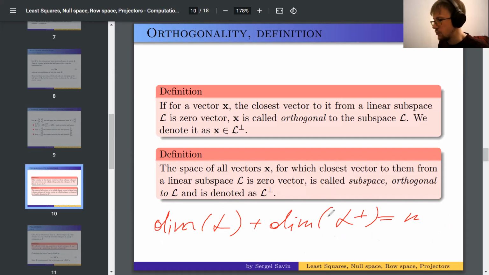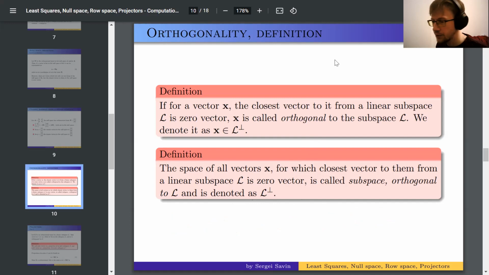I wouldn't be surprised if this is called a fundamental theorem of linear algebra or something like this. But that is just a natural consequence of how we defined this perpendicular thing. All right, moving on.